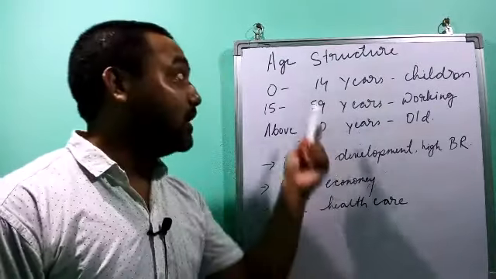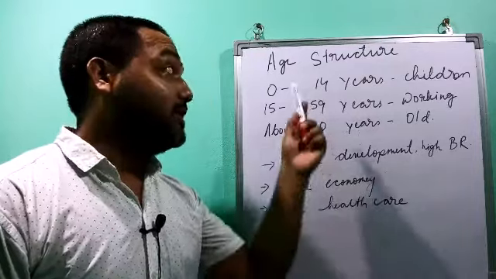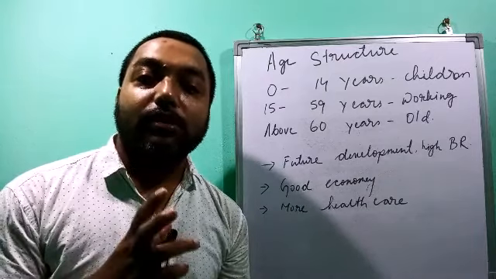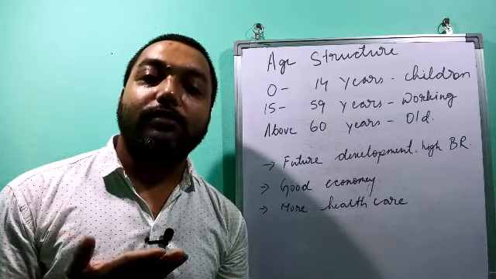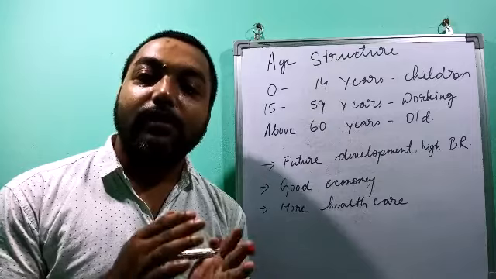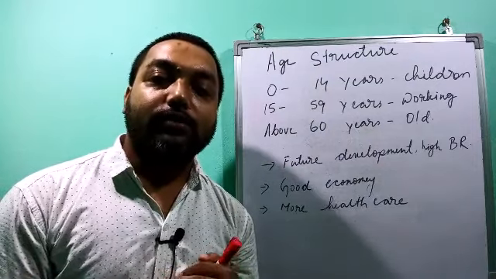Next, let us come to the next point, that is age structure. Age structure indicates the total population of a country is at what age group. Either they are children, they are adult, or they are in old age group.